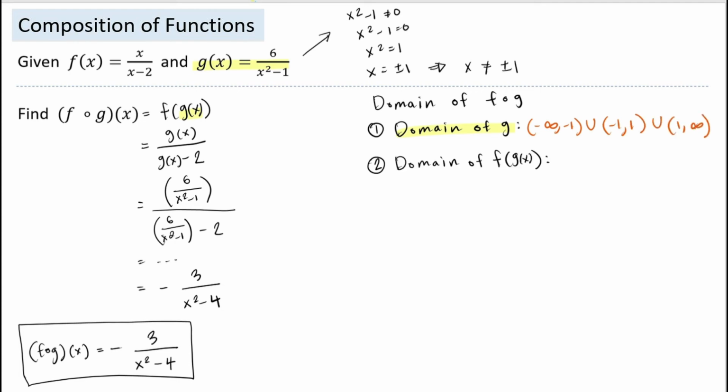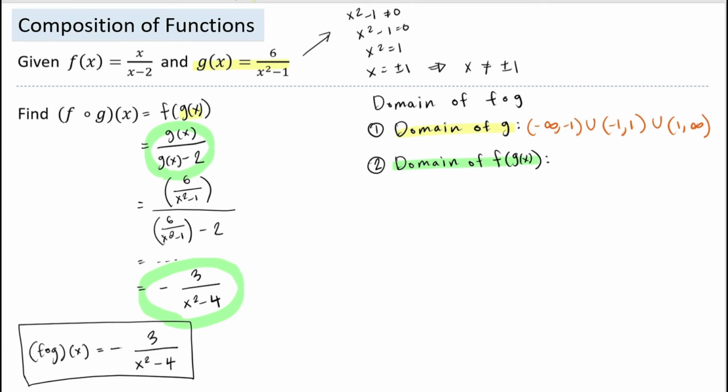The next step is to find the domain of f of g of x. It is the domain of g of x over g of x minus 2, or equivalently negative 3 over x squared minus 4.